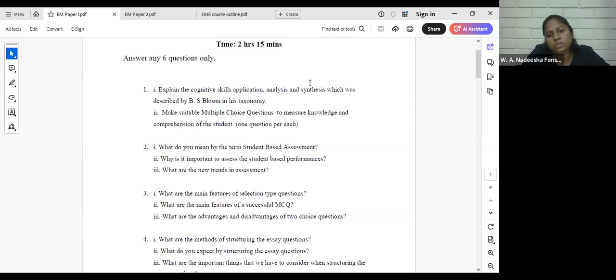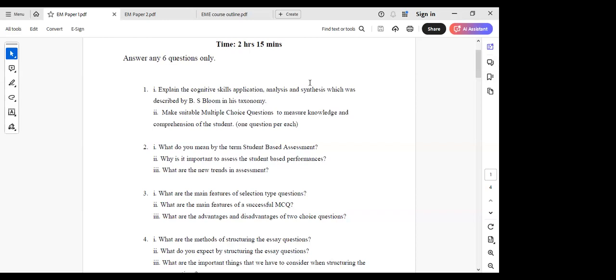Then why is it important to assess the student-based performances? What do you think about that? To evaluate individual abilities and skills.